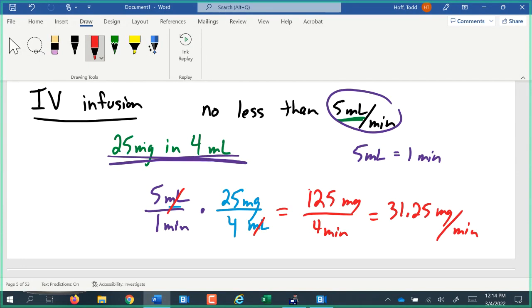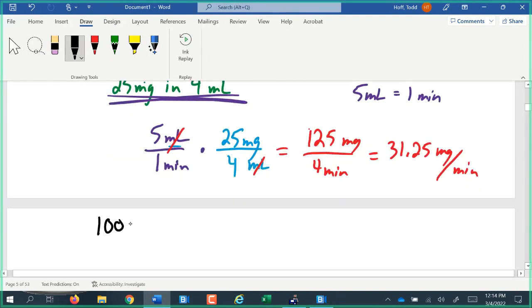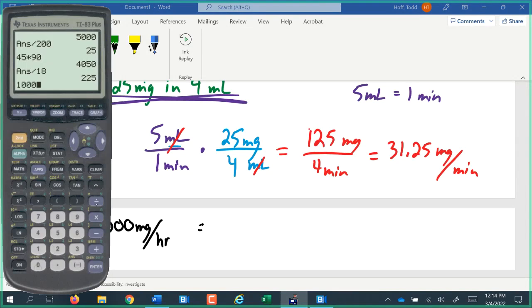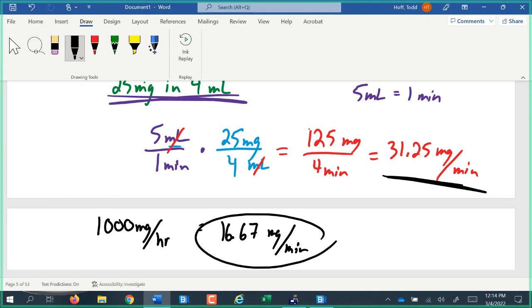Well, if our patient needs a smaller dose than that, that is looking at somewhere around a little over 1,800 milligrams an hour. Let's say we only want our patient to get 1,000 milligrams per hour, which would be 1,000 divided by 60, 16.67 milligrams per minute. About half of what that is capable of, we have to dilute that solution.